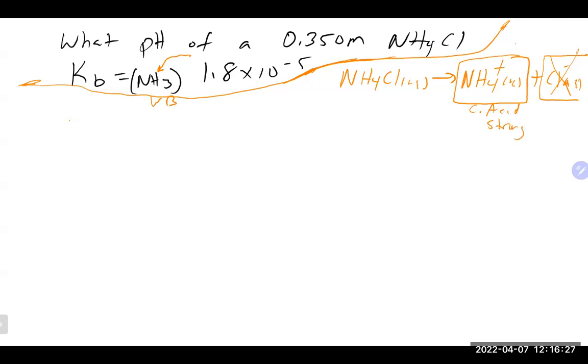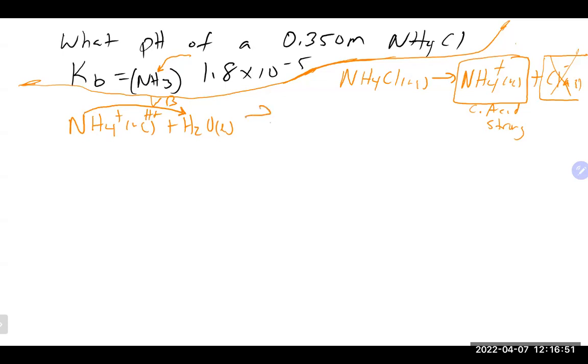So the reaction that we should be looking at here would be NH4 plus reacting with the water. Again, understanding that the NH3 is a base, which means NH4 will act as an acid when it reacts with water. That tells me that I would expect it to donate the H plus over to the other side as it's acting as an acid.